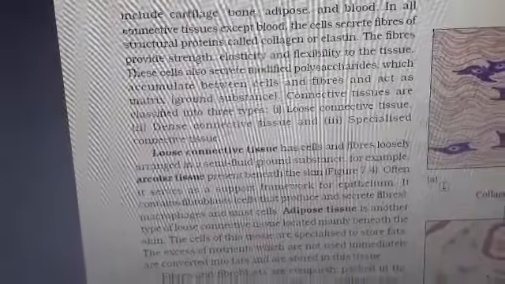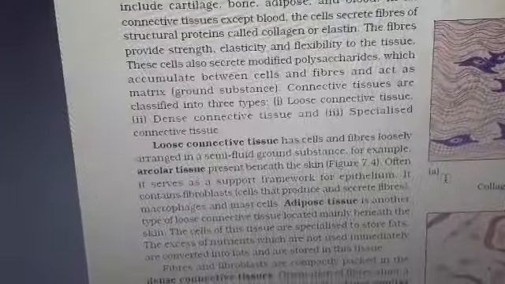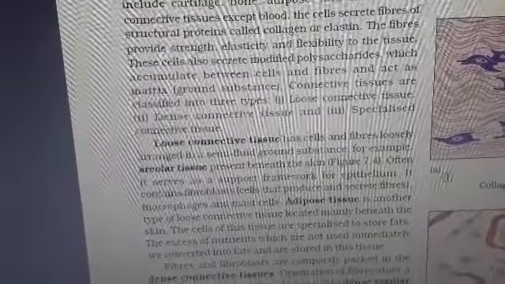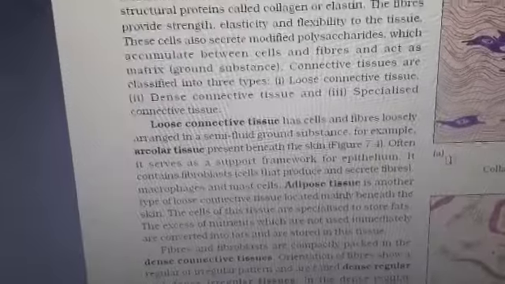Connective tissues are classified into three different types: loose connective tissue, dense connective tissue, and specialized connective tissue. Each of these contains two tissues. So these are the major classifications.